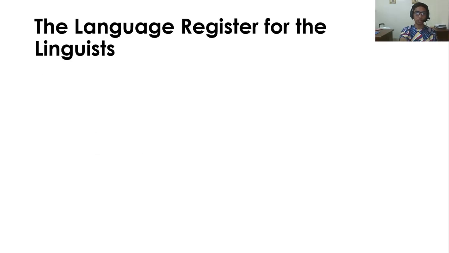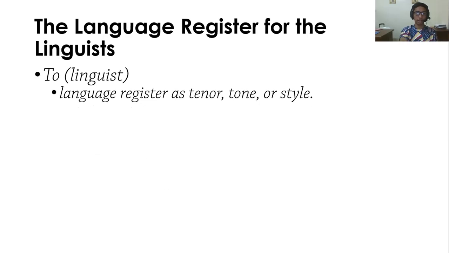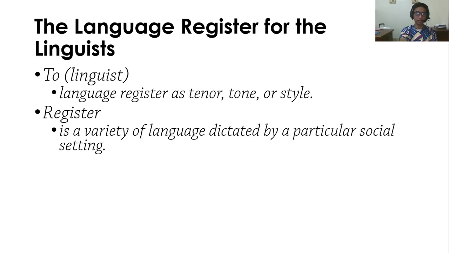Okay, the language register for the linguists. So linguists would refer to language register as tenor, tone, or style. Register is a variety of language dictated by a particular social setting.